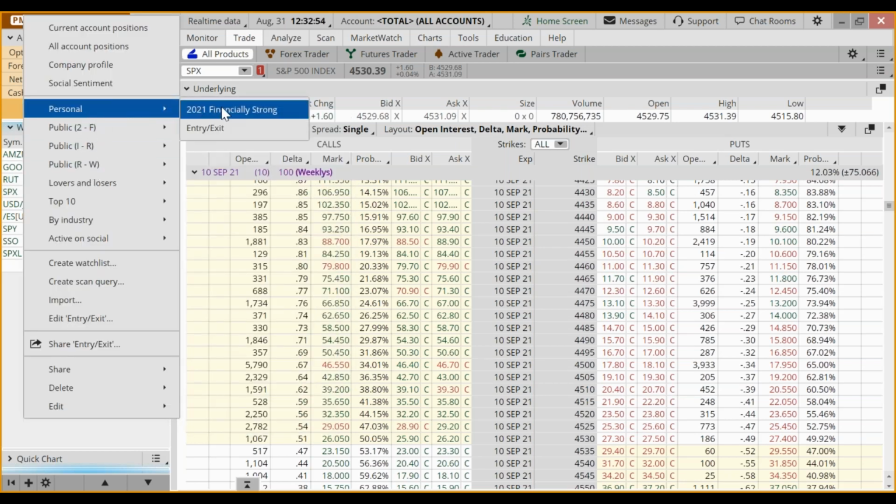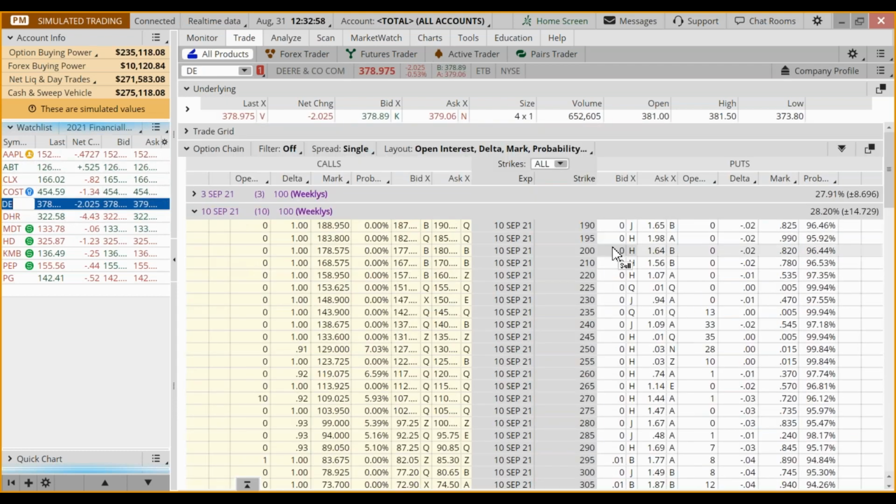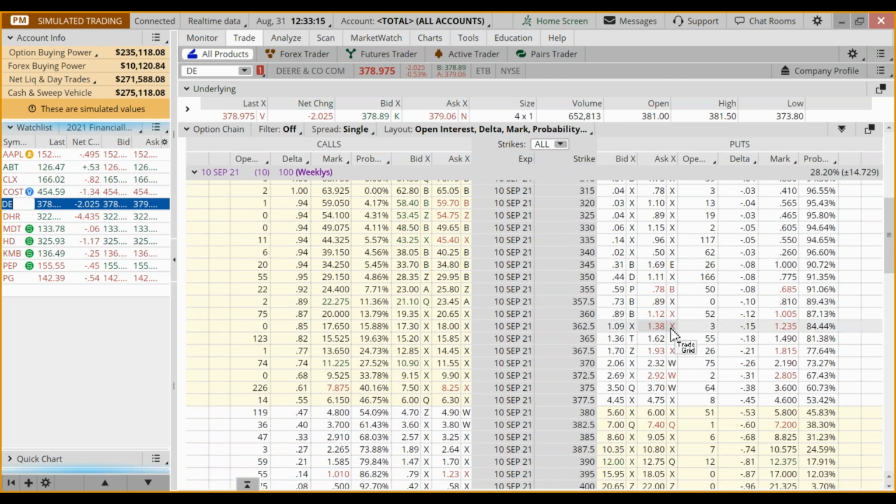Let's go over here and take a peek at John Deere, 10 days from expiration. Let's say it's at 378. I want to look around 360.